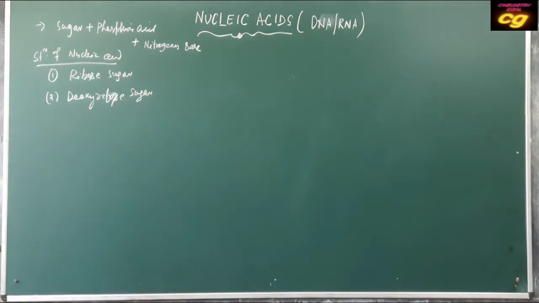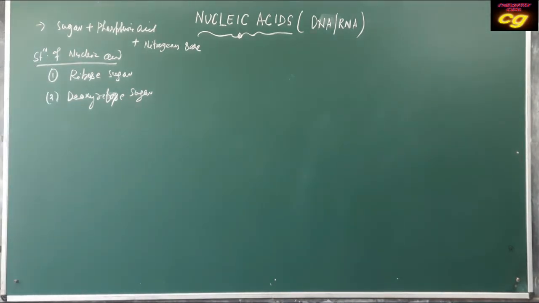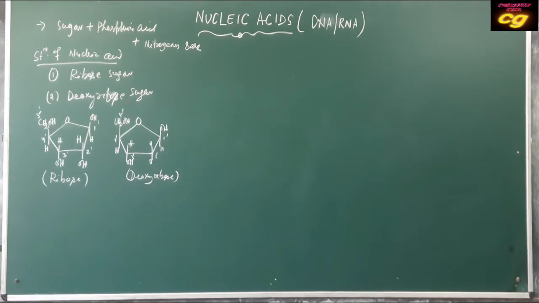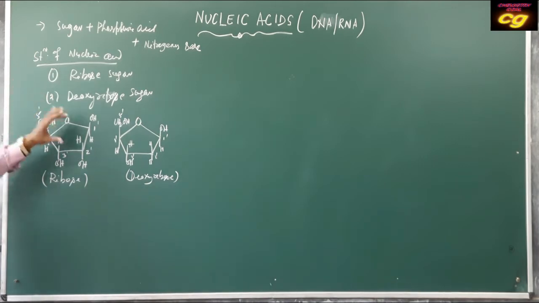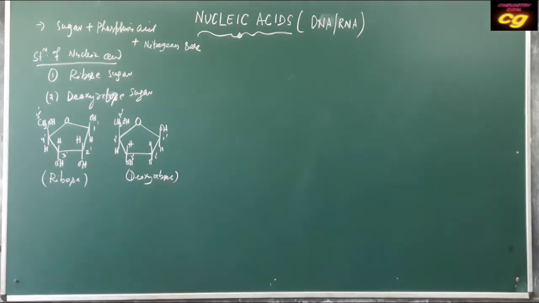What is the structure? Generally two types of sugar in nucleic acid, one is ribose sugar, and the other is deoxyribose sugar.